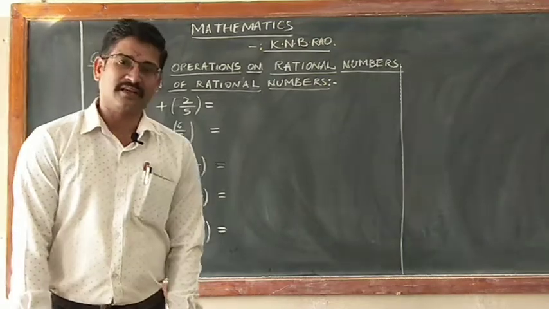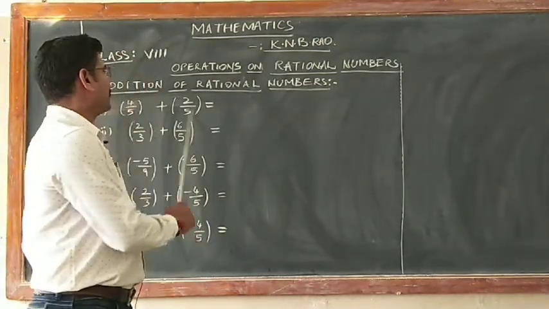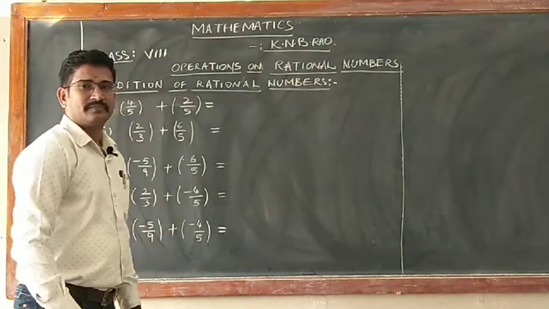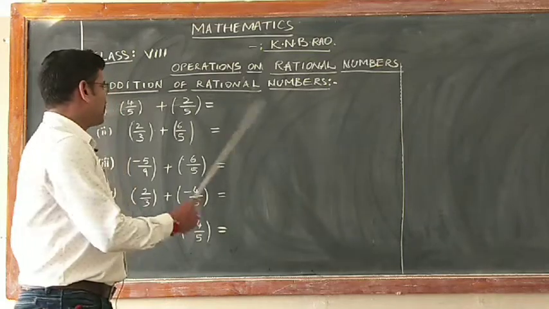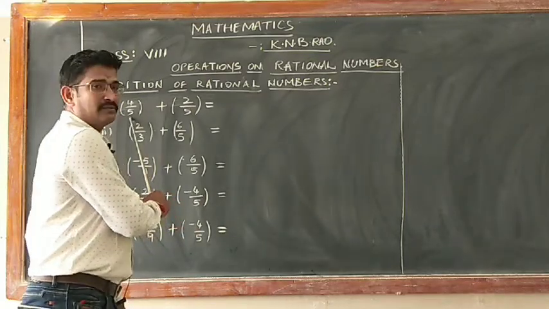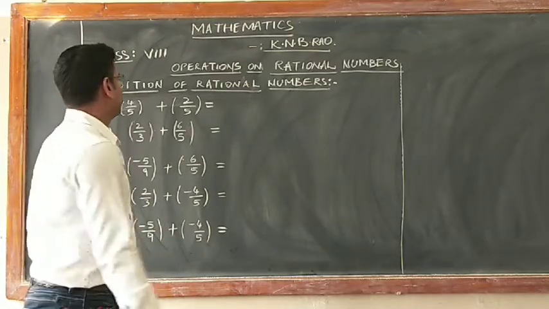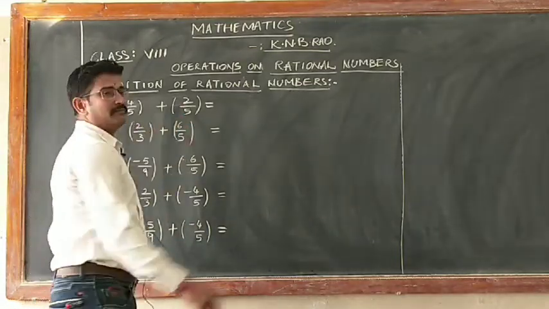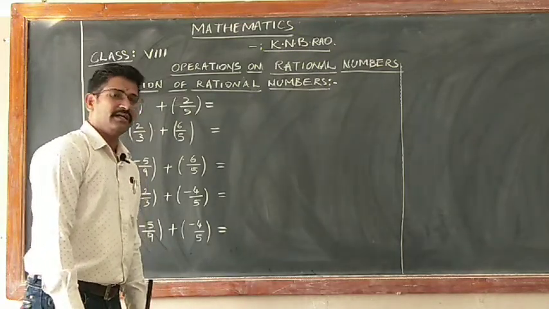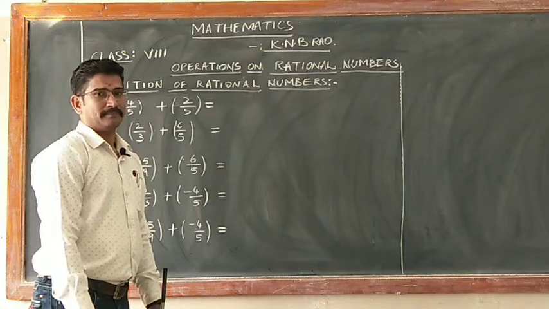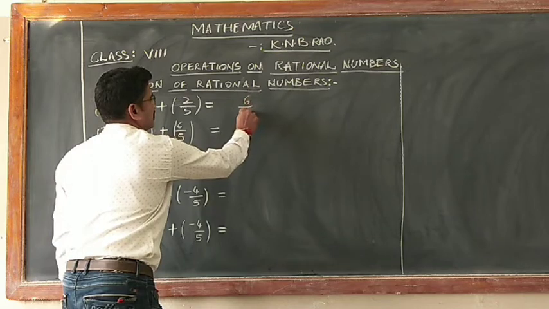First, when we take the sum of both positive rational numbers with the same denominator, we found the result of adding any two positive rational numbers with the same denominator. Here the answer is 6/5.